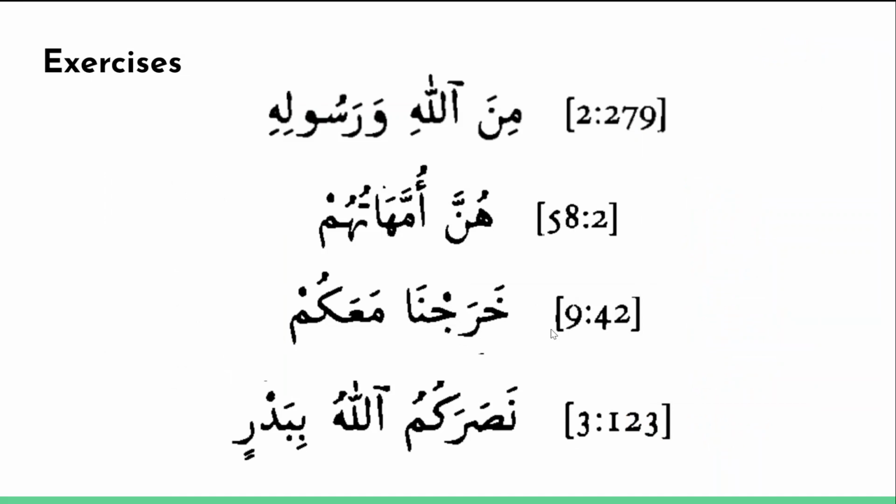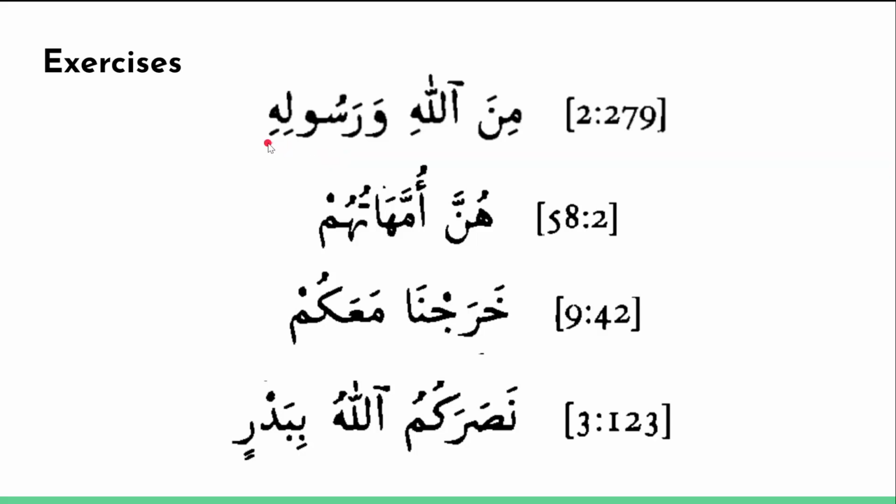So the first exercise that we have here is مِنَ اللَّهِ وَرَسُولِهِ. So here we have the phrase مِنَ اللَّهِ, so from Allah. And, wa means and, رَسُولِهِ. So what does رَسُولِهِ mean? What does the suffix he mean? And his messenger.